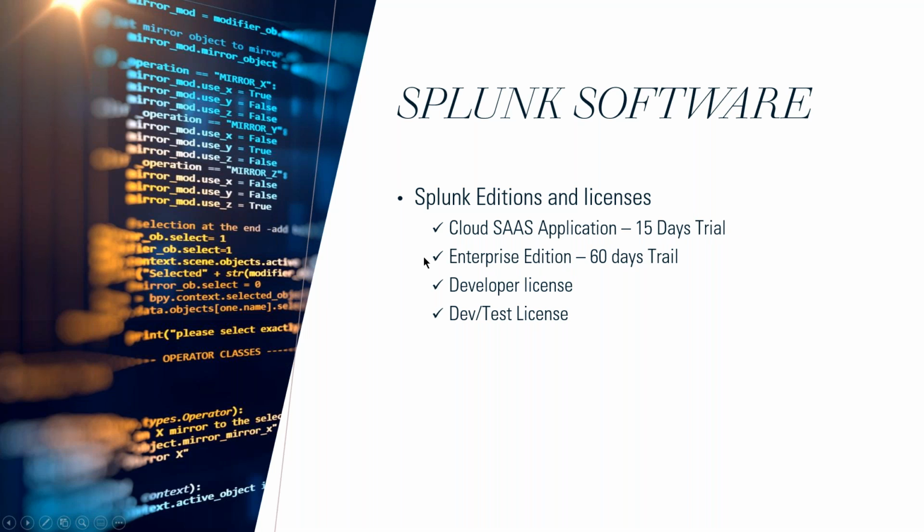Most of our classes will use the enterprise edition. The difference between the cloud SaaS application and the enterprise edition is that with the cloud SaaS application you get one URL and the logs are shipped to Splunk's infrastructure.